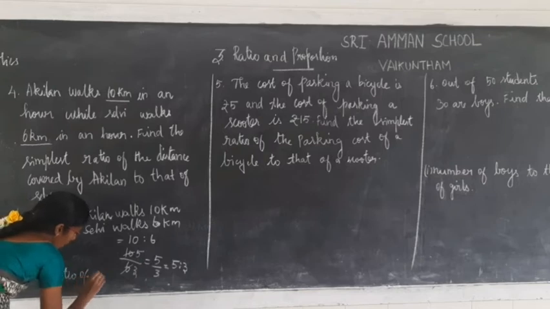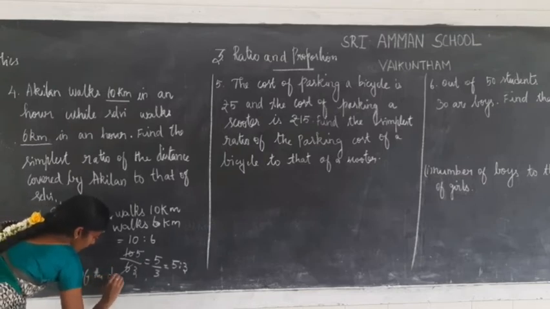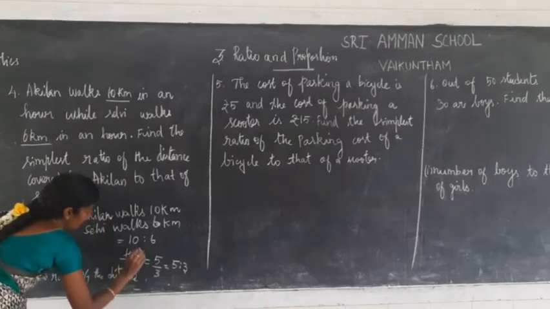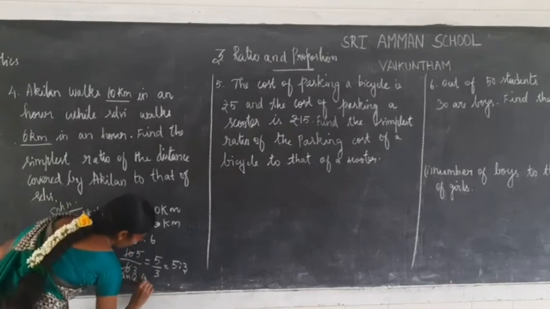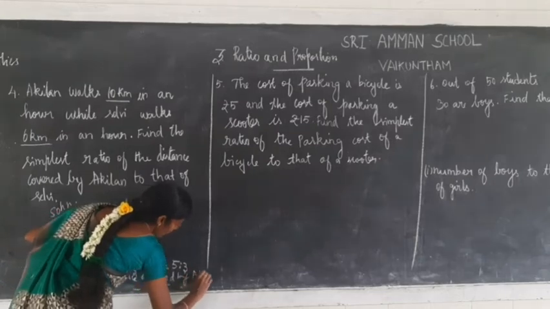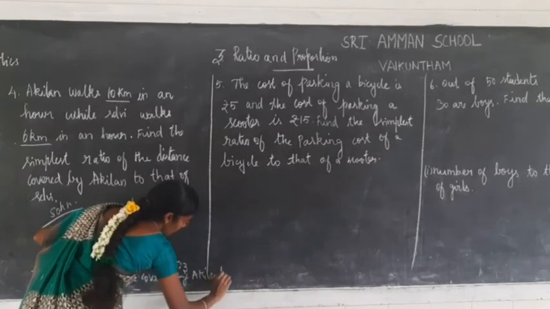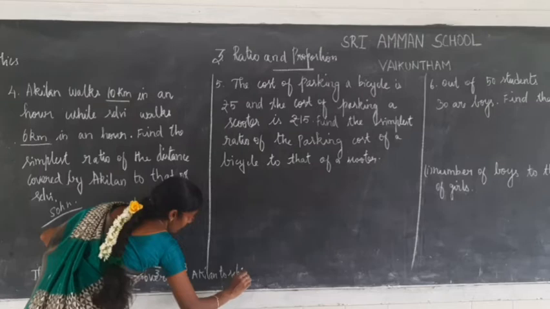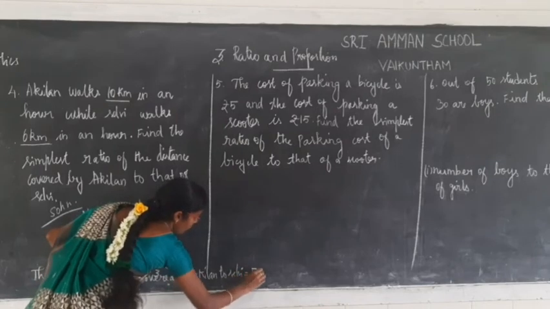So the ratio of the distance covered by Akhilan to Selvi is 5:3.